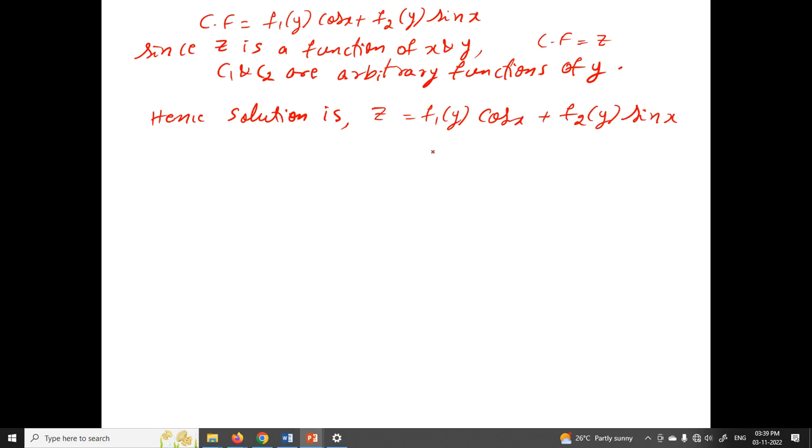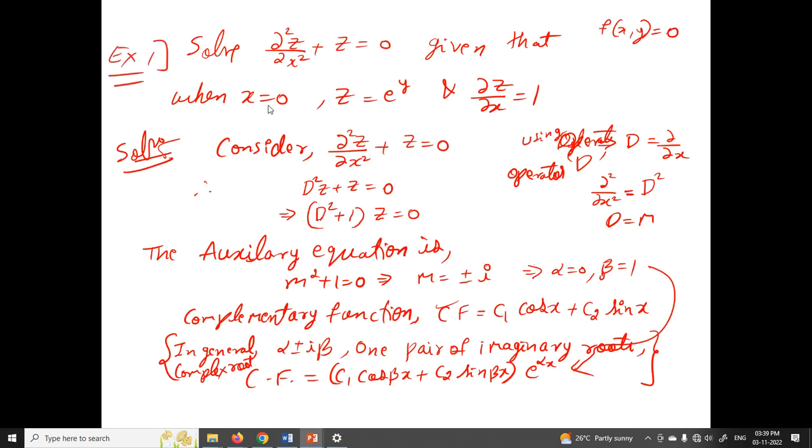This is how we calculate the value of z. What is given here, students? In the question they have clearly mentioned z is equal to e raised to y when x is equal to 0. You can just see here what is given.